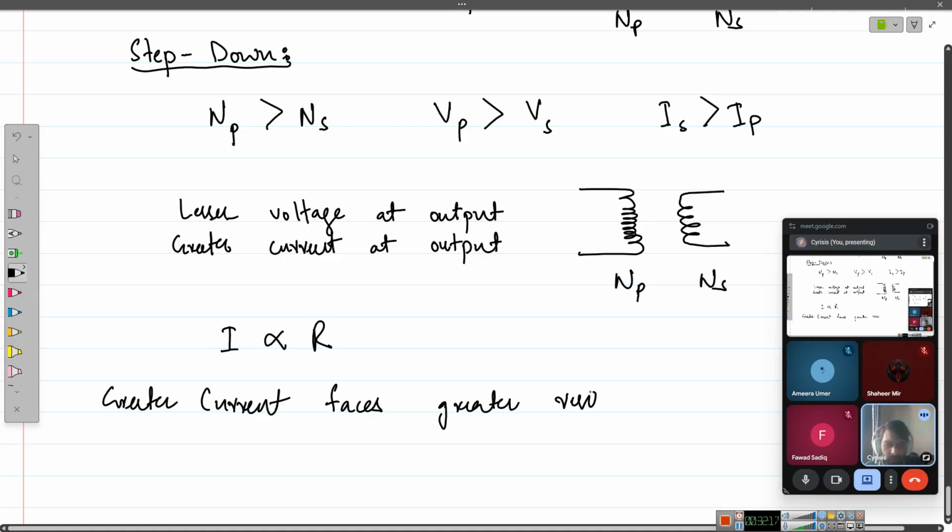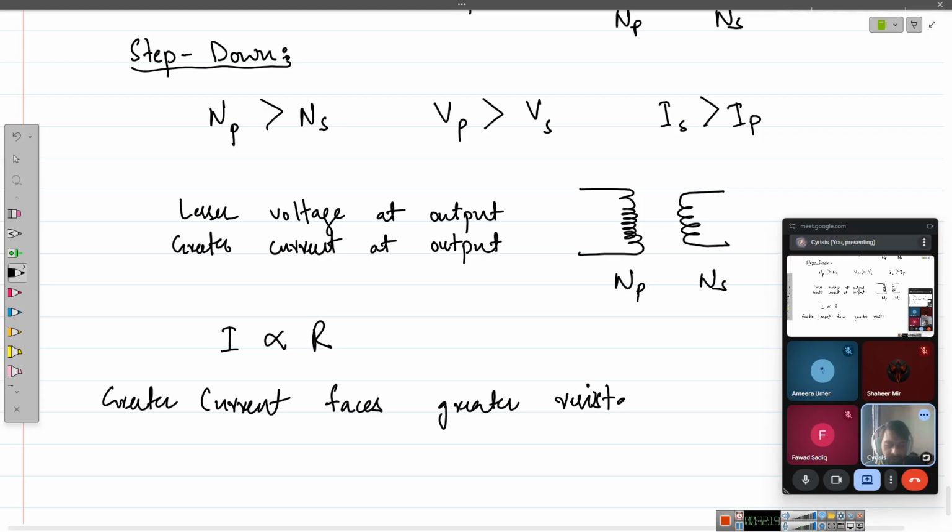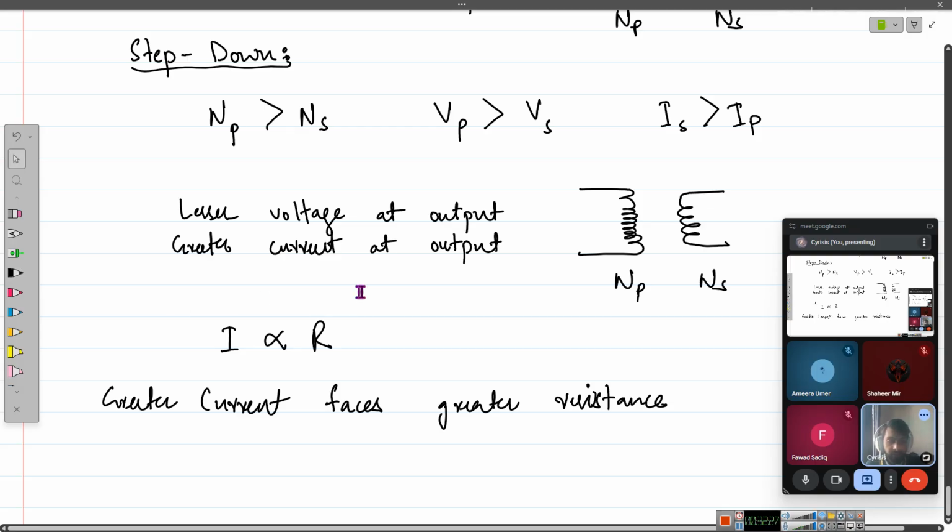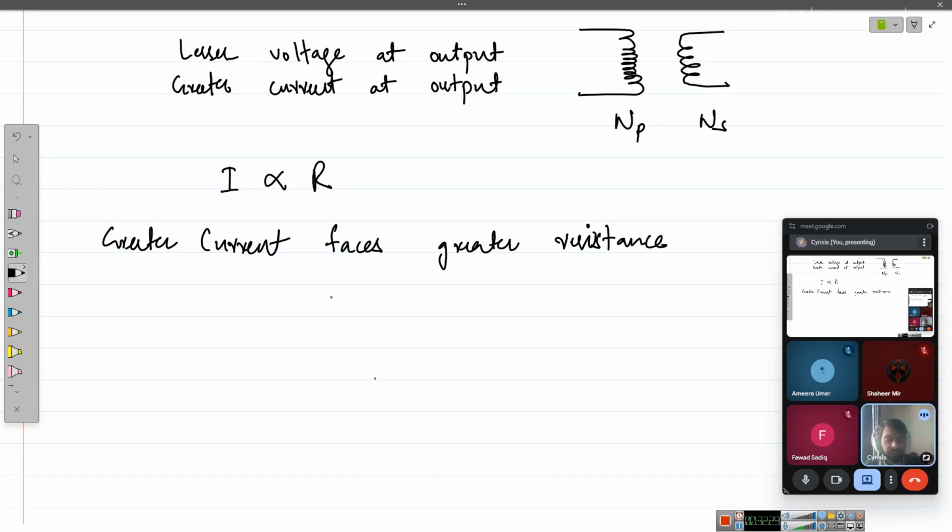So what we do is that from the grid station to our houses, we get 40,000 volts, right? But your house is operating at 220 volts, right? So how does it work? We use a step down transformer, right? So you can say that the grid sends the voltage at 40,000 volts, right? And the house uses only 220 volts.